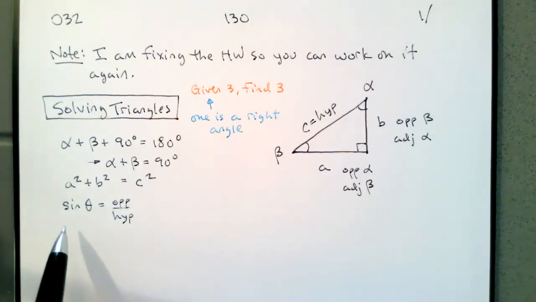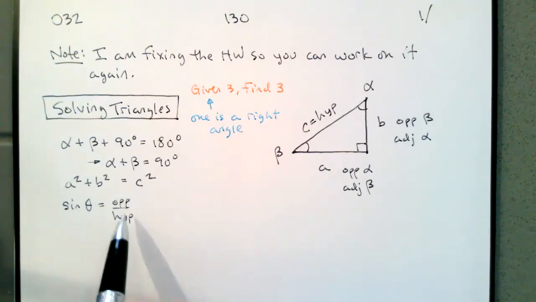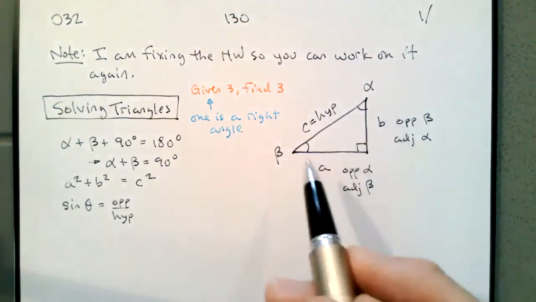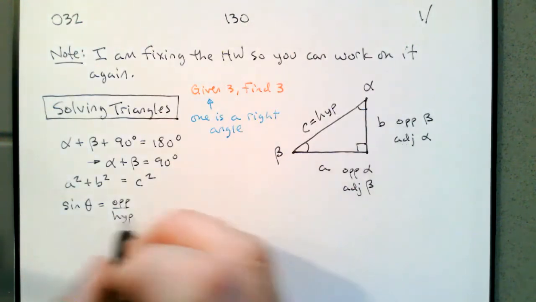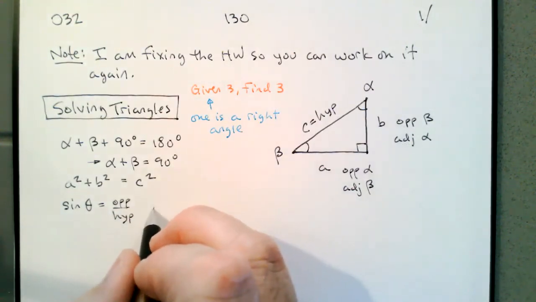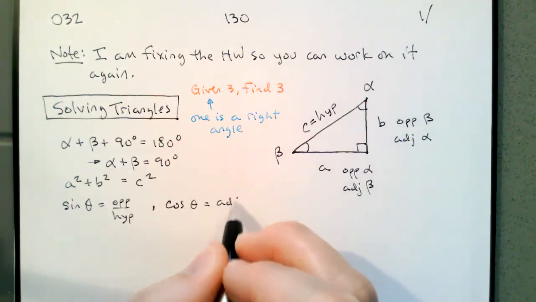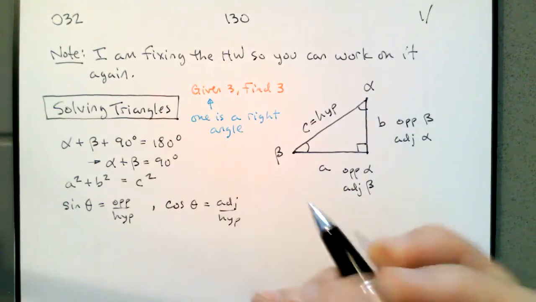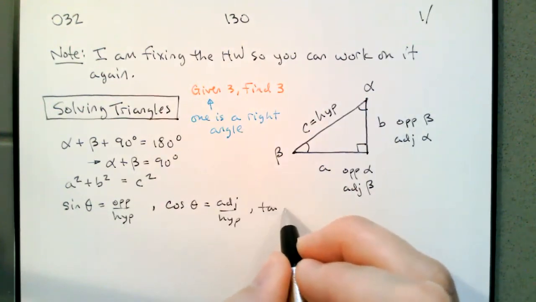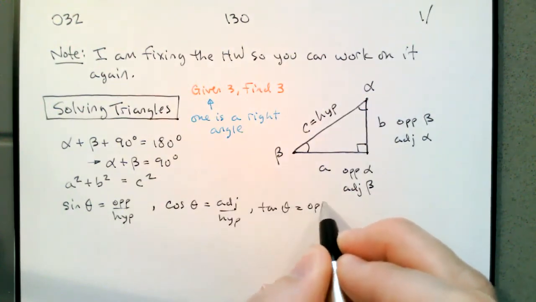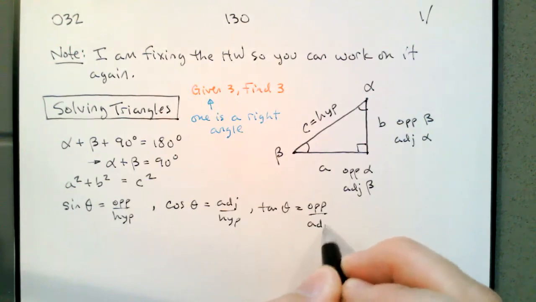We can use sine of theta and cosine of theta in other triangles in the future, but we'll have to talk about them without using hypotenuse. Because once you use the word hypotenuse, you have to be talking about a right triangle. So sine theta is opposite over hypotenuse. Cosine theta is adjacent over hypotenuse. And tangent of theta is opposite over adjacent.